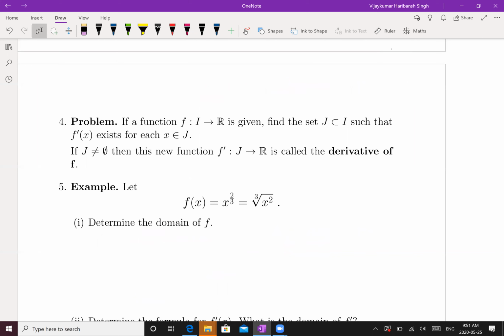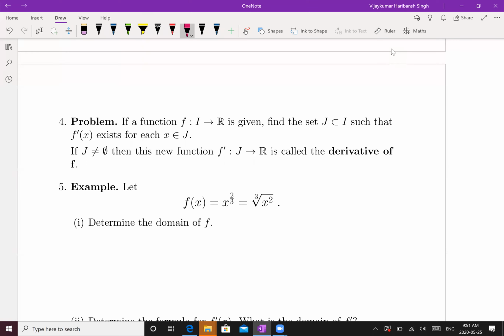Let f be a function from I to R, and let this function be given to you. Then consider the subset J, the set of all the points inside I at which f prime exists. Then if J is non-empty, then this new function f prime from J to R is called the derivative of f.